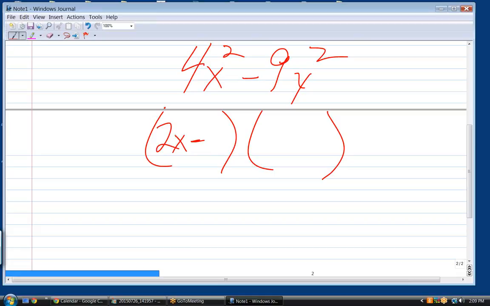So that's why I like to make the first term negative and the second term positive. I realize you could reverse them if you wanted. But I try to get my students to memorize it this way because it'll make it easier to memorize when you get to the difference of cubes and the sum of cubes. So what goes here?